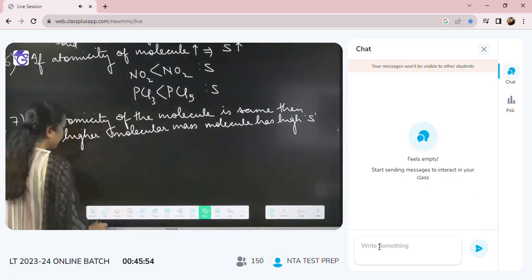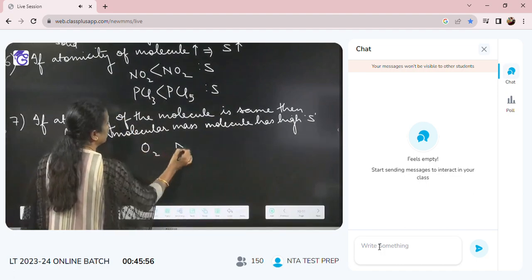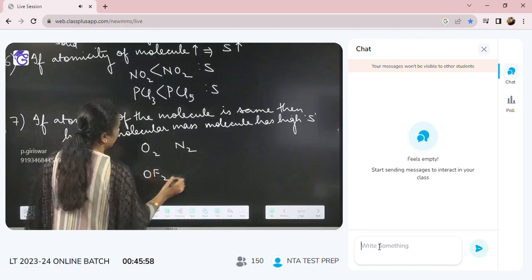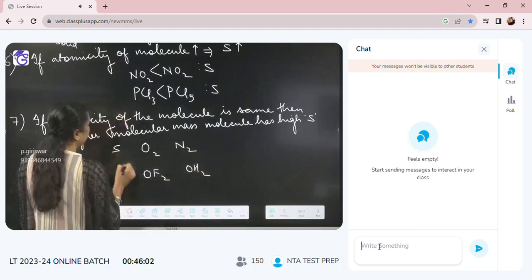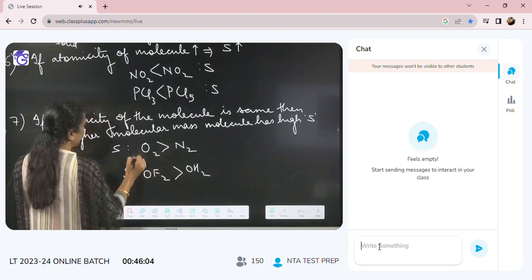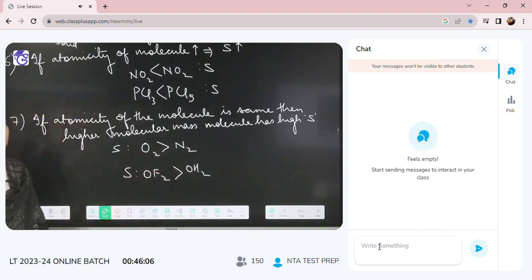For example, if I say O2 and N2, or OF2 and OH2, atomicity is same. O2 has more molecular mass, right? So just remember them as a conclusion.